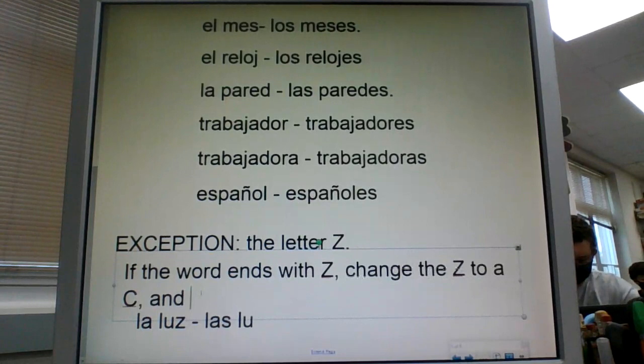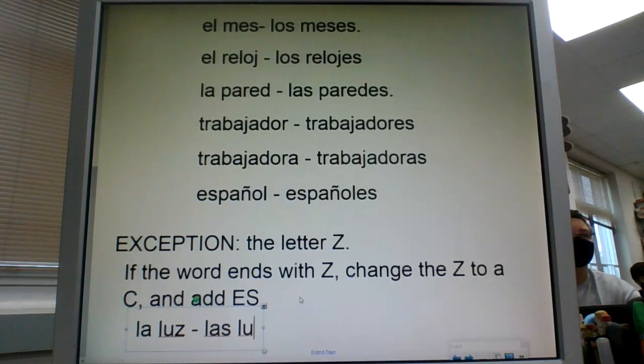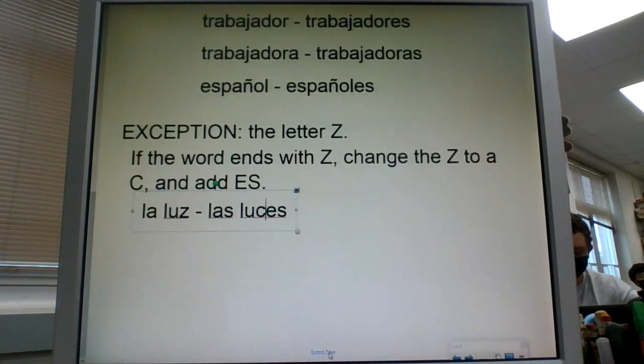What other two letters do you have to add? Letters E, S. So no matter what, as a consonant, you still have to add the letters E and S, but you have to change the spelling. Pronunciation is the same. Luces is pronounced the same. So that's one little exception. La luz goes to luces.